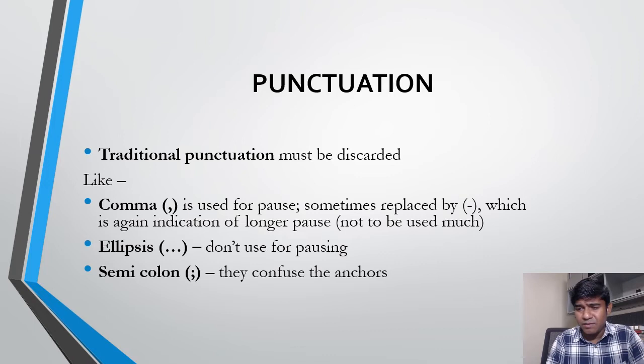Then the ellipsis, dot dot dot. This is a writing style that many broadcast writers follow by mistake. They think that this is also a way to hint to the reporter that there is a pause. But in a broadcast script, we should not use ellipses, because they are not used for pausing.